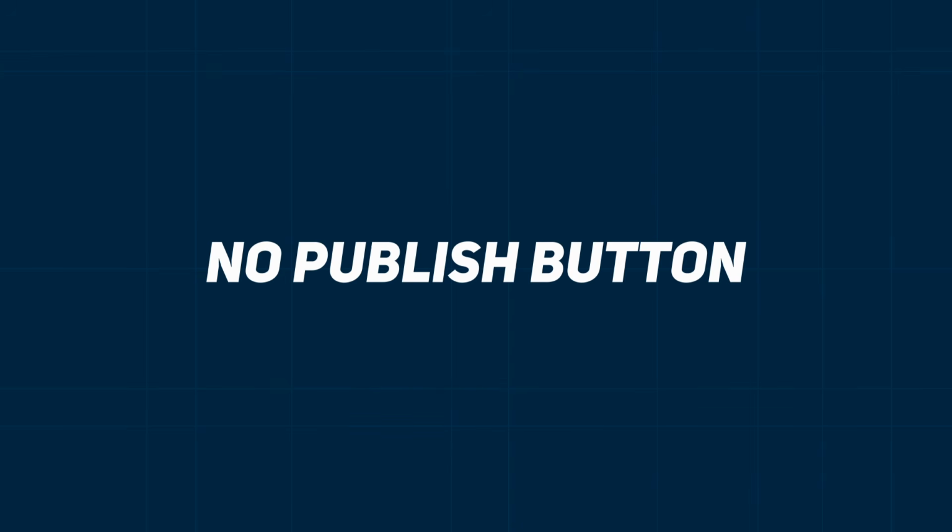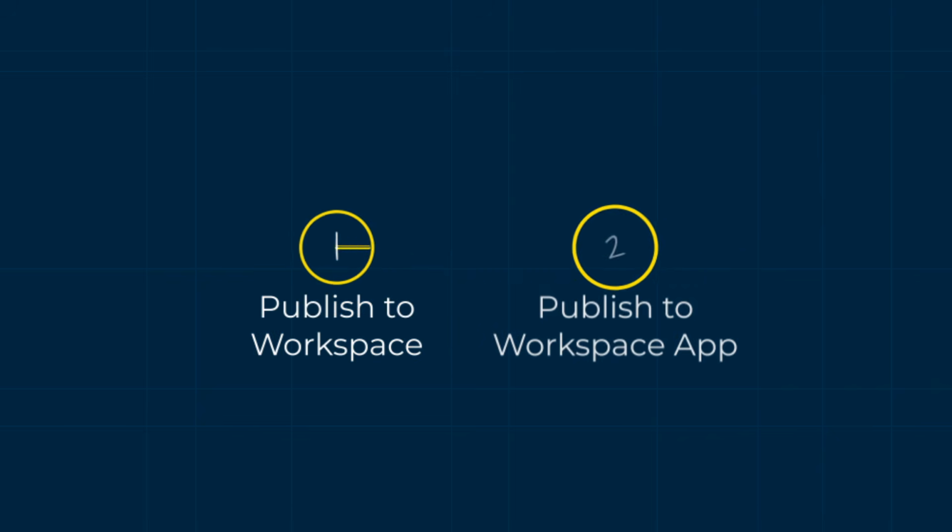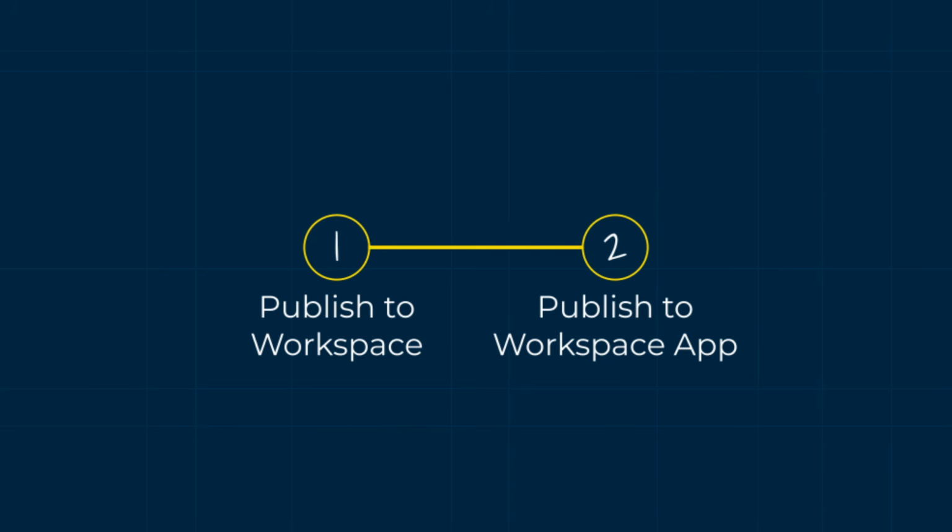The first thing that's not so obvious here is the lack of the publish button. The version of the reports that are in the Workspace is the version of the reports that they will see in the app. I think this makes a lot more sense because previously with the Workspace app, you had to publish the reports to the app for the users to see the changes that you have published into the Workspace. So there's two publishes.